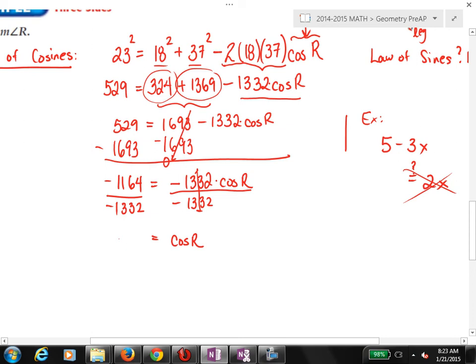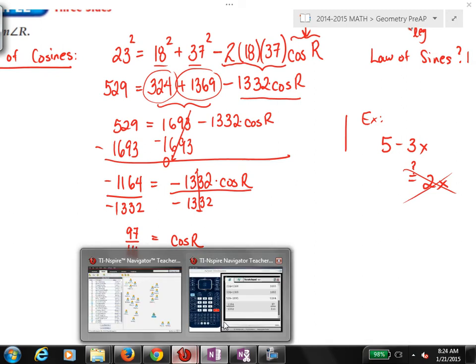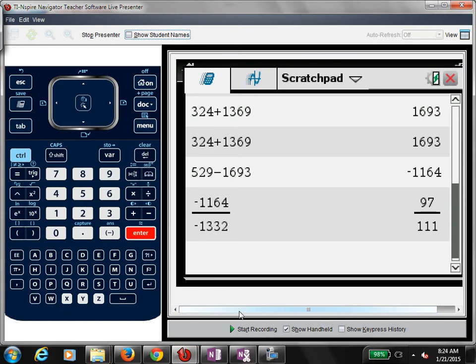What is negative 1164 divided by negative 1,332? First of all, what's a negative divided by a negative? A positive. Do you guys get this? I got that on my calculator. I just did negative 1164 divided by 1,332.